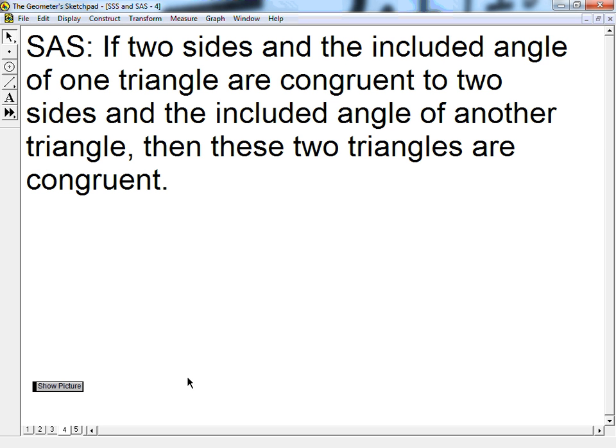Keep in mind I'm saying the included angle, not just any angle, it's the included angle.